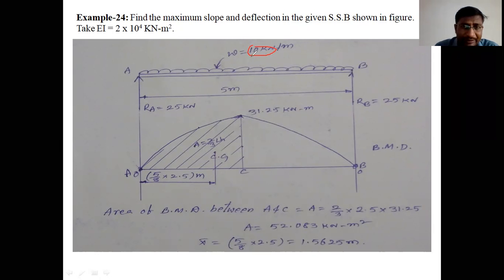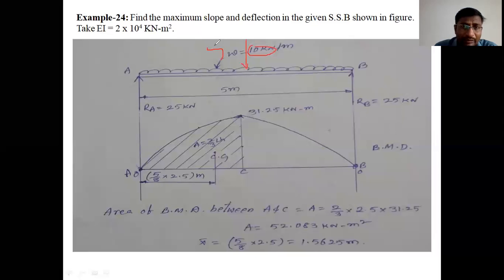So the total load is 10 into 5, 50 kilonewtons acting on the beam, which is concentrated at the center of the beam because it is a rectangular load. The total load intensity will be concentrated at the center of gravity of that rectangular load, isn't it? So a total of 50 kilonewtons is acting on the beam.